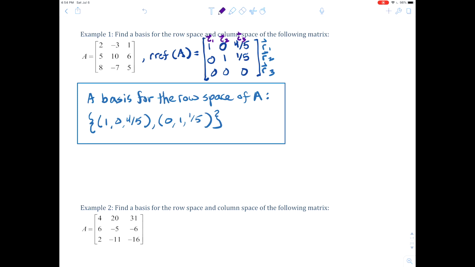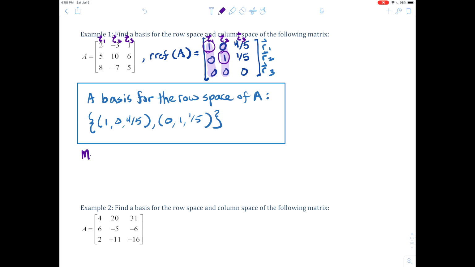Do you see that the columns that have the pivots, the leading ones, are column 1 and column 2? And these are the pivots right here. So remember, you have to go back to the original and use the columns that contain the pivots in the reduced row echelon form of the matrix A. Good so far?